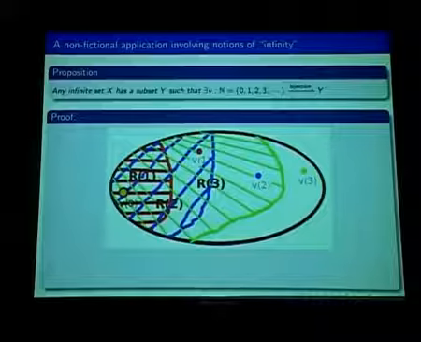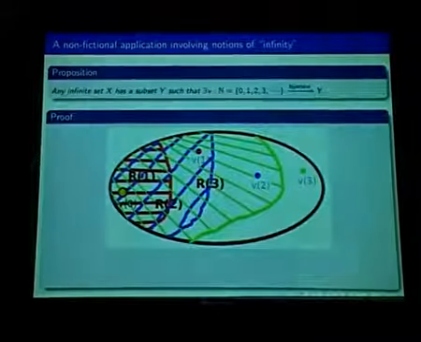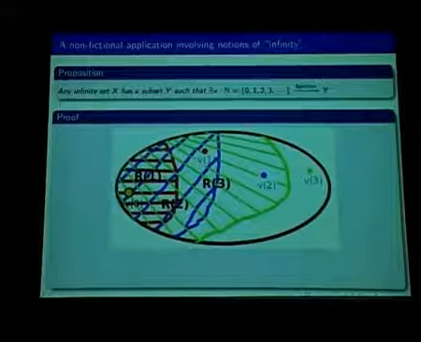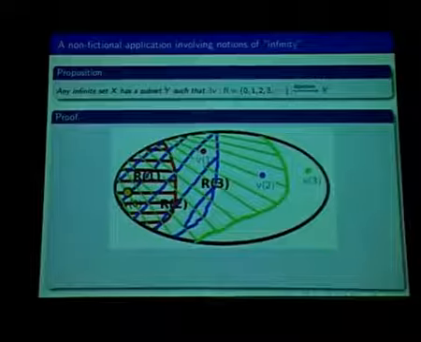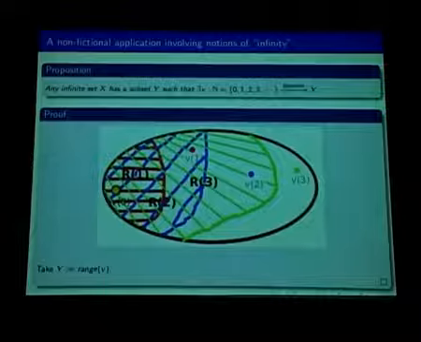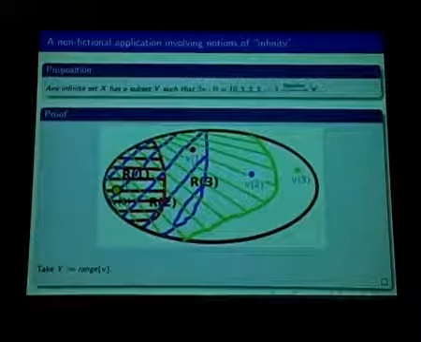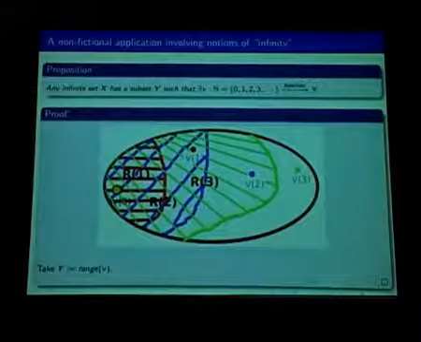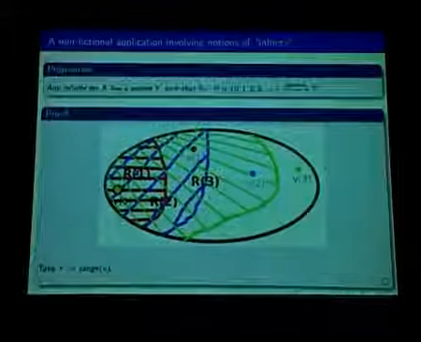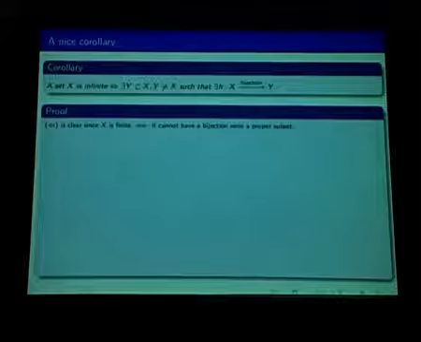That proves that V is a 1-1 function, an injective function. Now you take Y to be the range of V, and that of course gives you your required subset, proving the proposition.